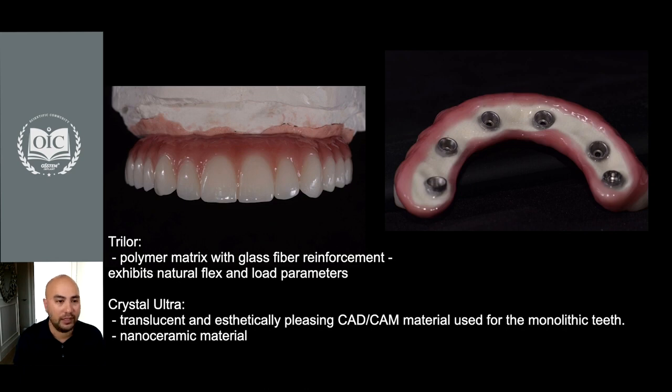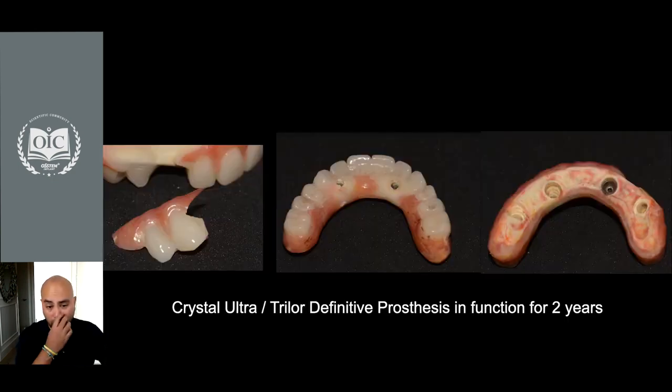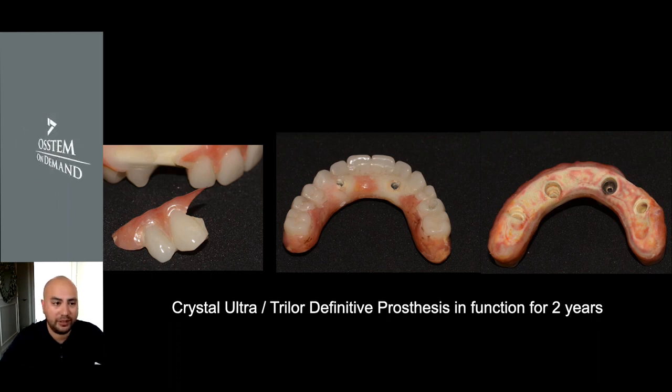So we used that. However, we noticed that after just a few years it could lead to complications with the titanium cylinders and the cementing from the prosthesis, and also a risk of fracture.